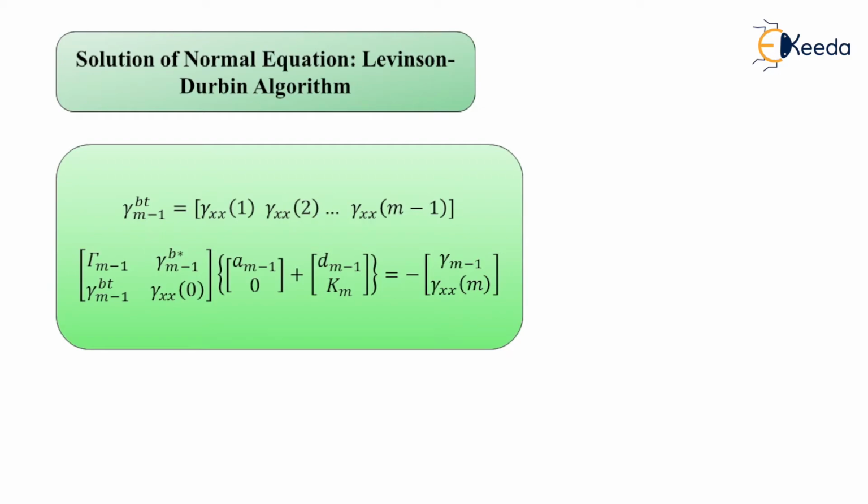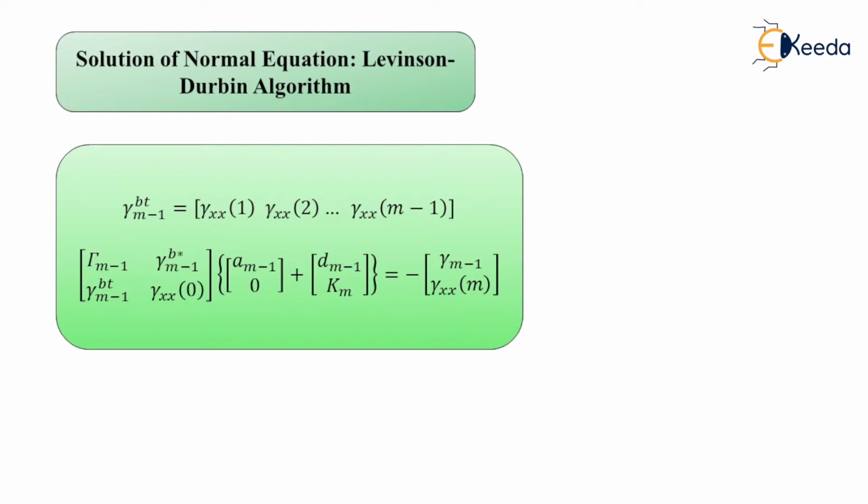Here we have first of all the matrix of order 2 by 2: gamma suffix m minus 1, gamma suffix m minus 1 to the power b conjugate, and in the second row gamma suffix m minus 1 to the power bt, and gamma suffix xx of 0. This is multiplied by the curly bracket where we have the addition of two vector forms.